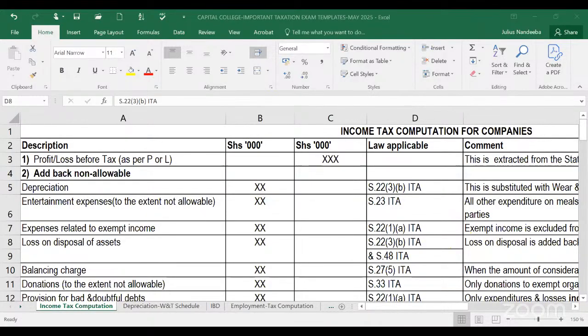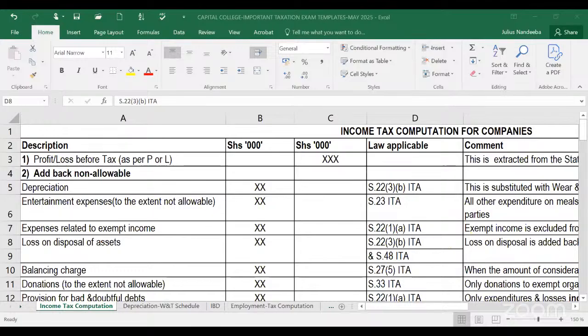Ladies and gentlemen, chargeable income is this profit. Where is the profit in the POL? Chargeable income is this profit that you see here. The profit that we are talking about, profit before tax, was determined by the accountant. Now, with the adjustments that you have made on that profit, can you determine your own profit? And that profit is what you call chargeable income.